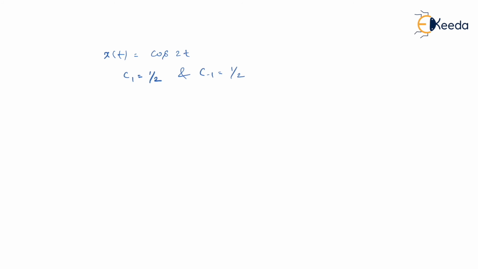And when I'm trying to plot it, at k equal to 1 we have 1 by 2, and at k equal to minus 1 again we have magnitude 1 by 2 only. Am I right? So this is your ck plot. So this is a frequency spectrum in terms of Fourier series.